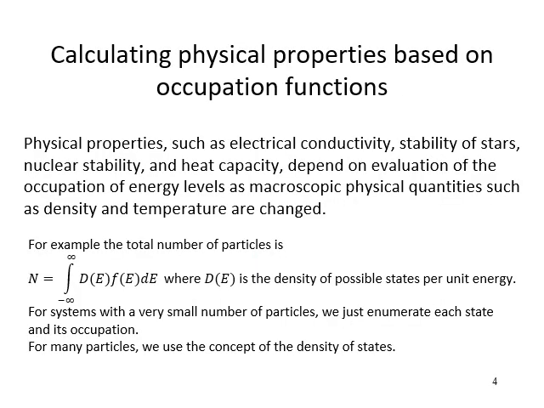To calculate the physical properties of a system, we need to know how all of the states in the system are occupied, right? Properties like electrical conductivity and heat capacity depend not just on the occupation probability of a state at a particular energy, but on how many states there are in that range of energy.